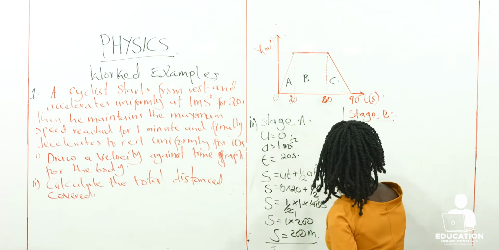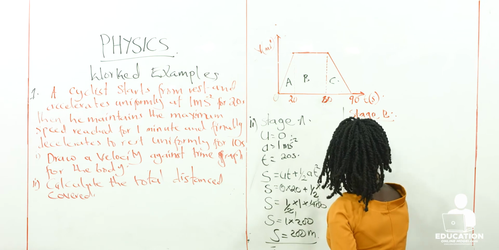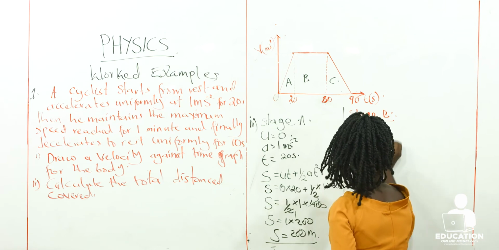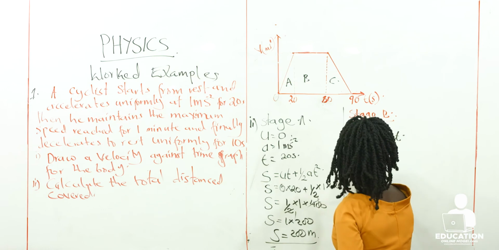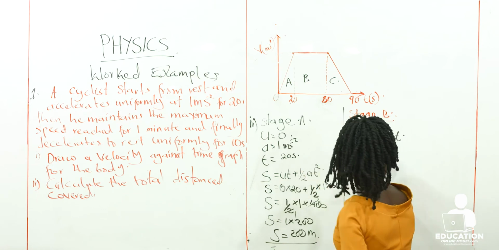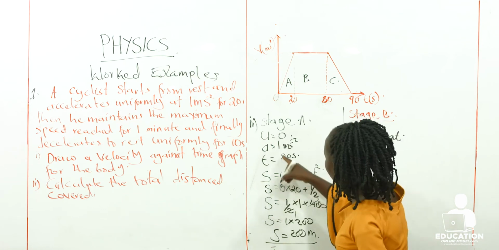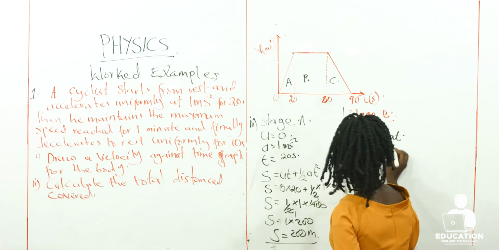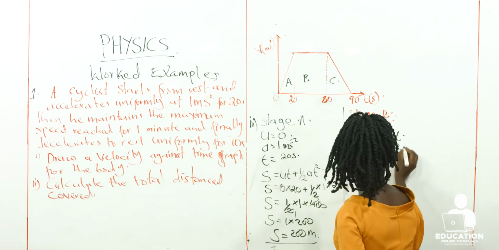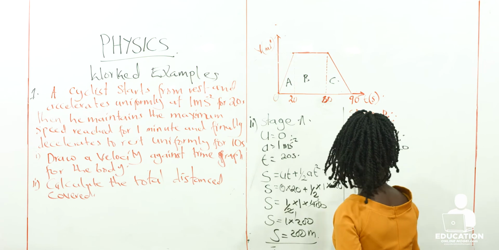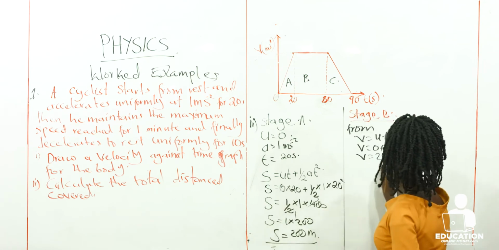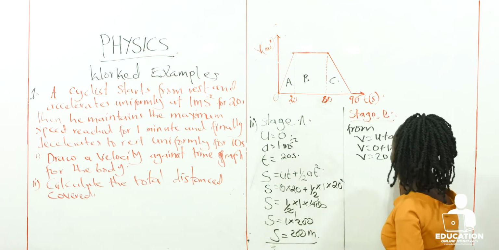So we can have, from V is equal to U plus at, our V will give us our U as 0 plus our a is 1 times our time, which is 20 seconds. Our V is equal to 20 meters per second.